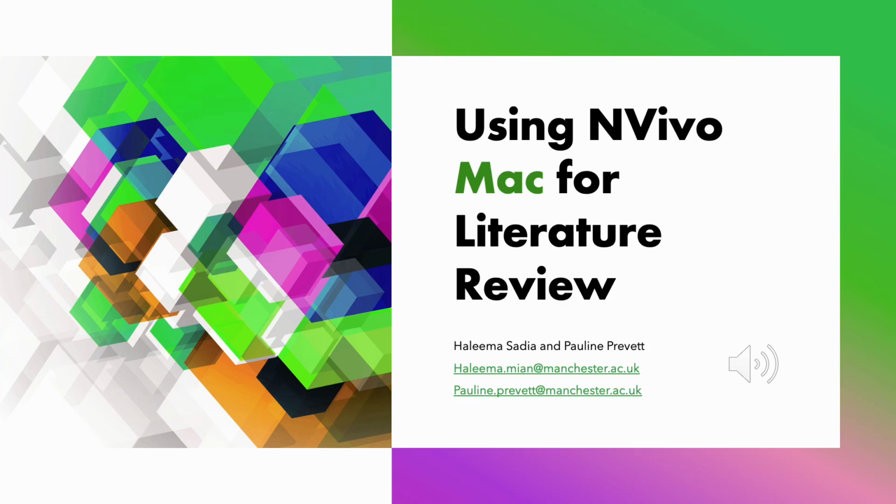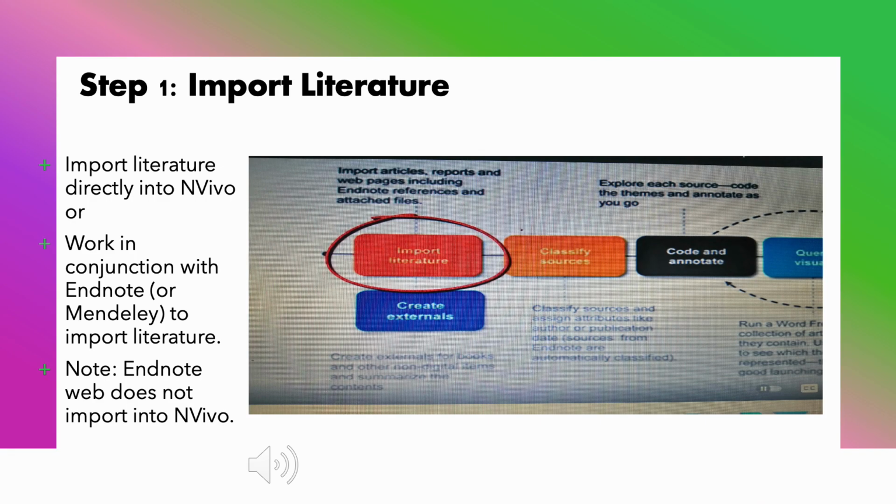In this session, we will be looking at using NVivo Mac for doing a literature review. So we have a process here. We are going to start with importing literature and then classify sources, for example, how we might assign attributes like author or publication dates.